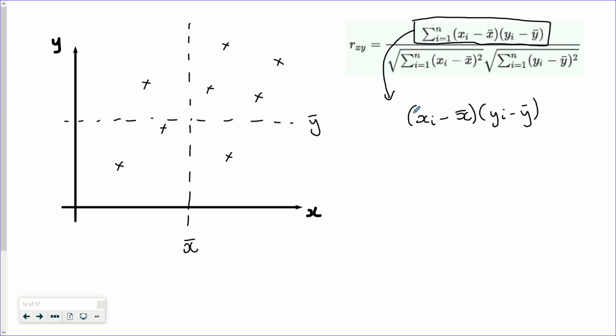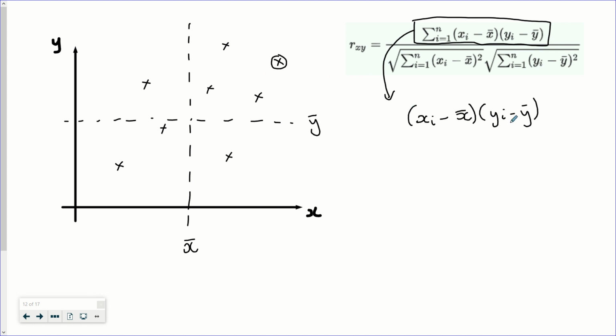Well, let's think about what would happen when I calculate x minus x bar times y minus y bar for some of these points. So let's look at this point up here, for example. Because this point is to the right of x bar, x minus x bar is going to be positive. And because this point is above y bar, y minus y bar is also going to be positive.